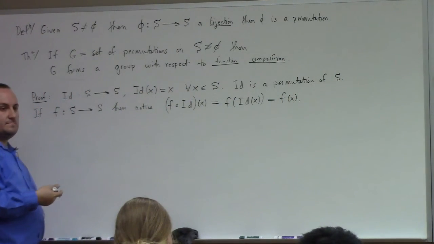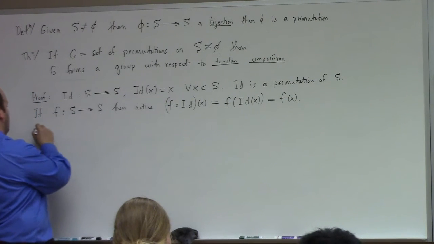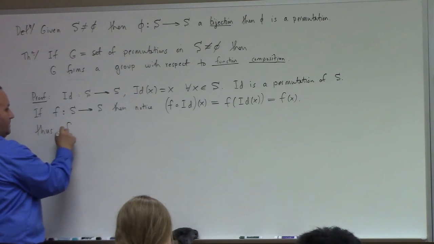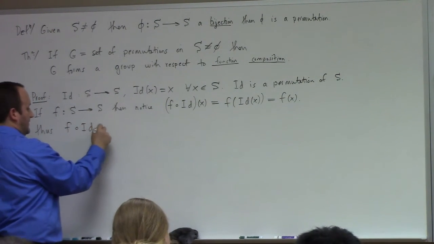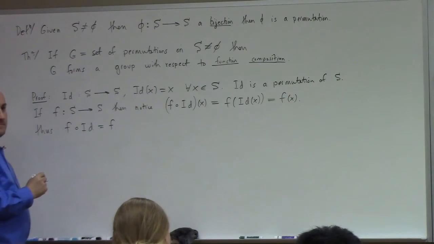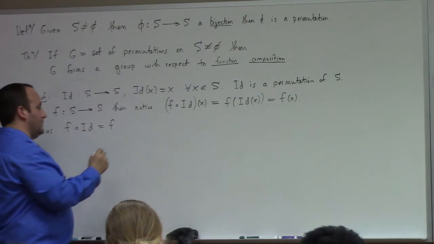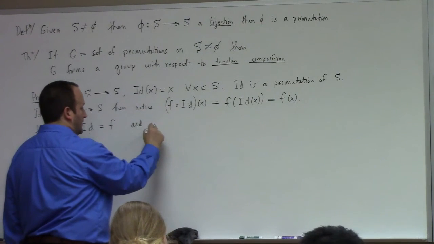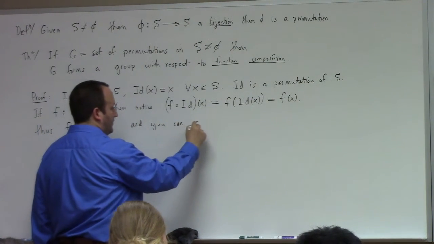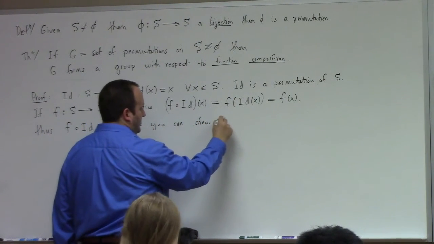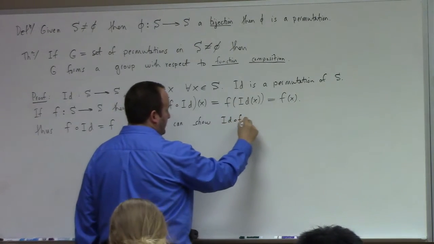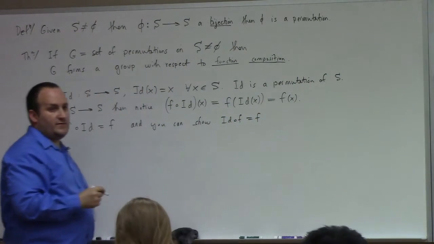So what does this show? F composed with the identity is equal to F. And you can show that the identity composed with F is also equal to F through a very similar argument.